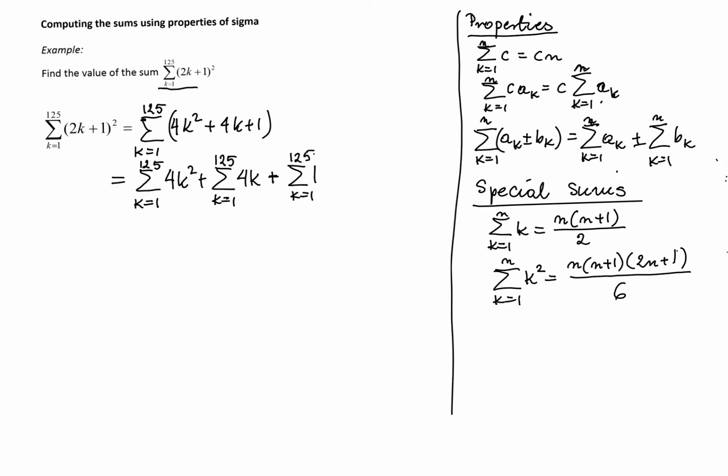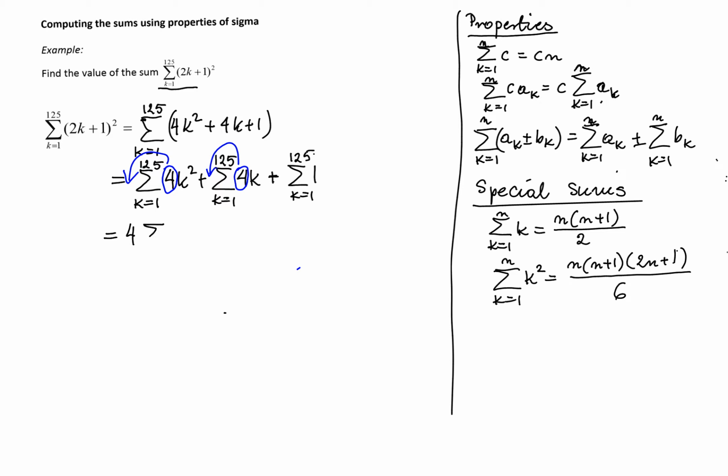Now we can use property 2 that is listed right here and factor out, so to speak, the coefficient in front of k squared and k in the first two sigmas. So 4 from the first sigma can be factored out, and 4 from the second sigma can be factored out and written outside of sigma.